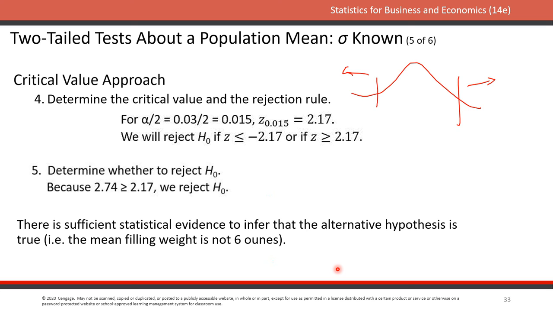We're 100% sure of that. We're saying there's sufficient evidence to believe that the average filling weight is not 6 ounces in the whole population. So again, this is why the statistical process is cool: we take a limited finite sample, sometimes a pretty small sample, and we can make really grandiose claims that are supported by mathematics and logic.